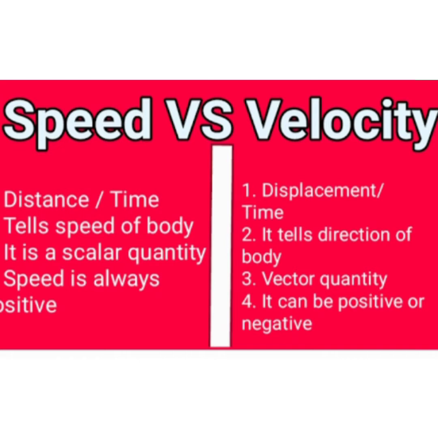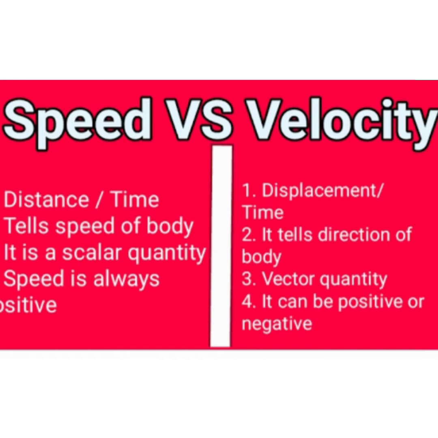It means velocity is equal to displacement divided by time. Second point, speed is a scalar. It has only magnitude. But velocity is a vector because it has both magnitude and direction.